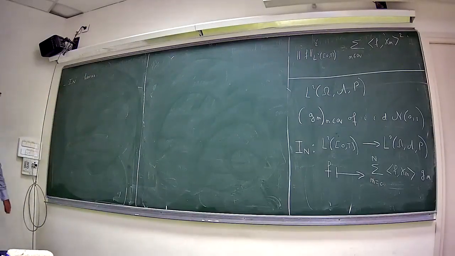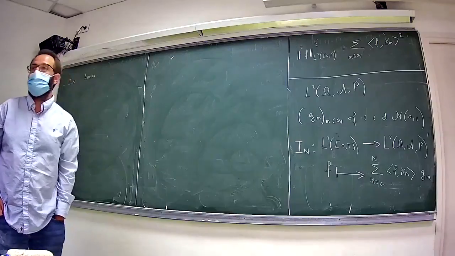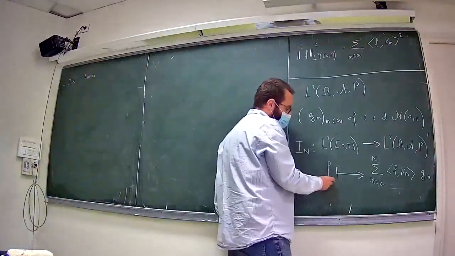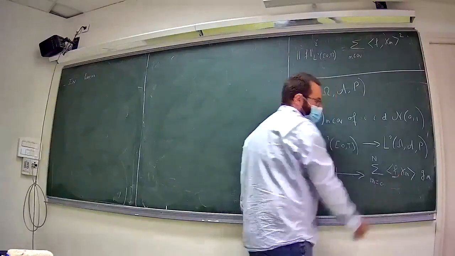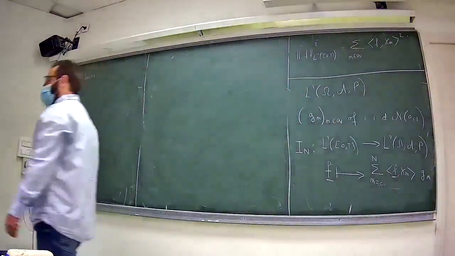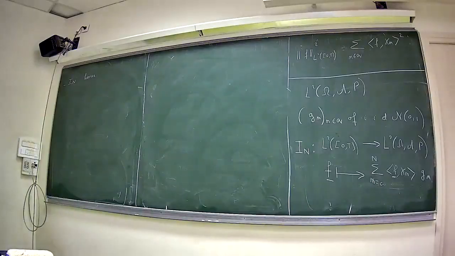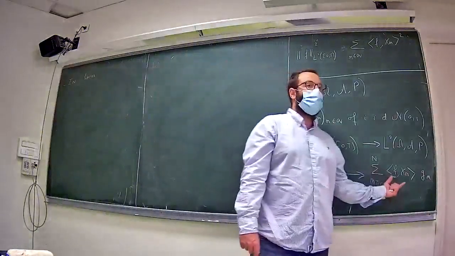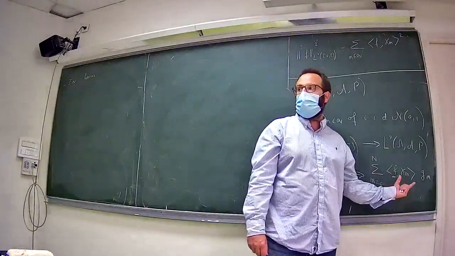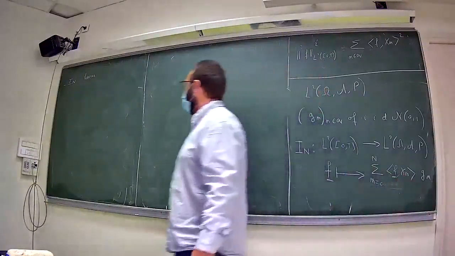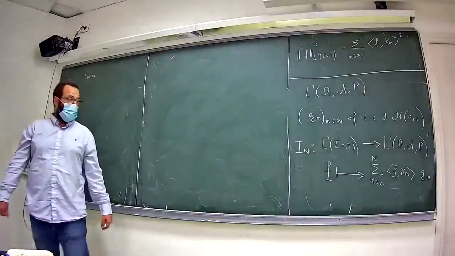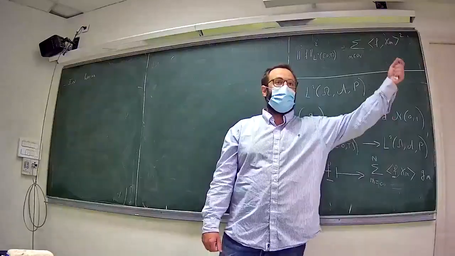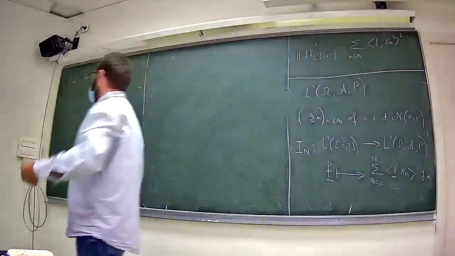Why is it linear? Because I have a scalar product that is bilinear. You have f here, and it depends on one coordinate. If I have a dependence in f that is just one component of the scalar product, I obtain something that is linear. So I_N is linear in the sense that if you consider I_N of a linear combination, you obtain the linear combination of the I_N.